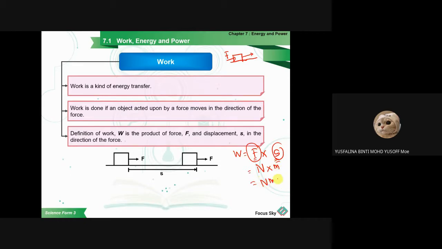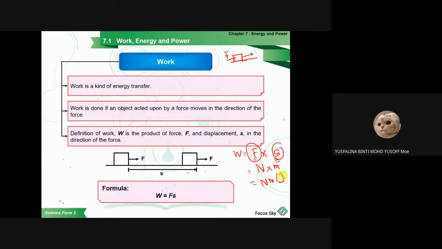That's how you get Newton meter for the unit, and to simplify it you can put J, as joule. So that is the definition of work: the product of force and displacement, or you can say force multiplied by displacement, which can also be accepted for the answer.